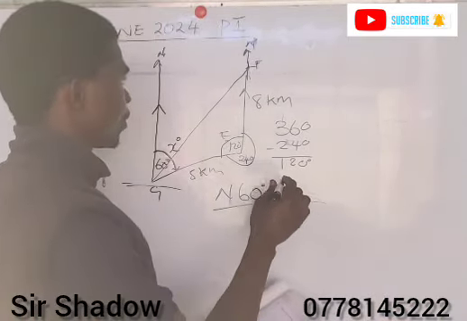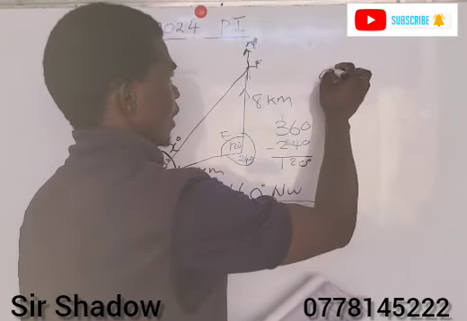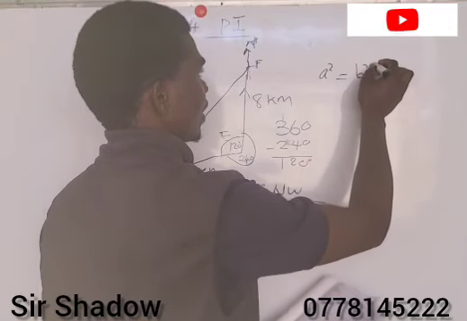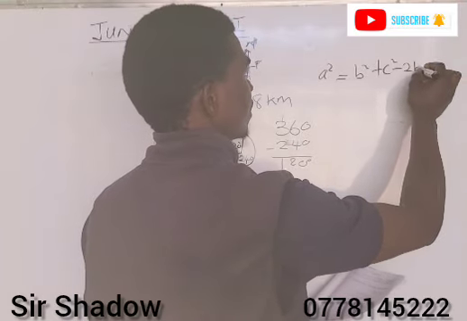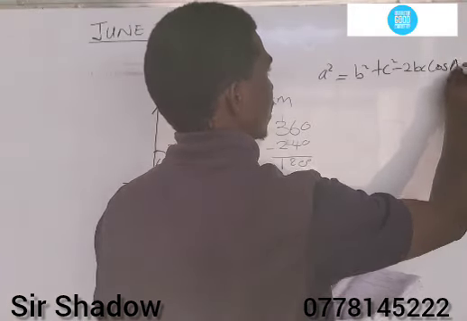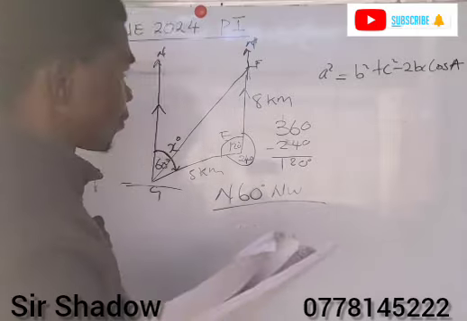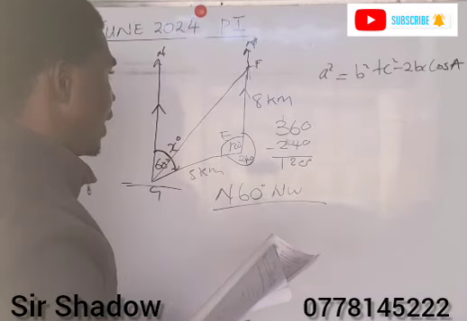Using the cosine rule, we are saying a squared is equal to b squared plus c squared minus 2bc cos A, right? Let's say we want to find the value of a.